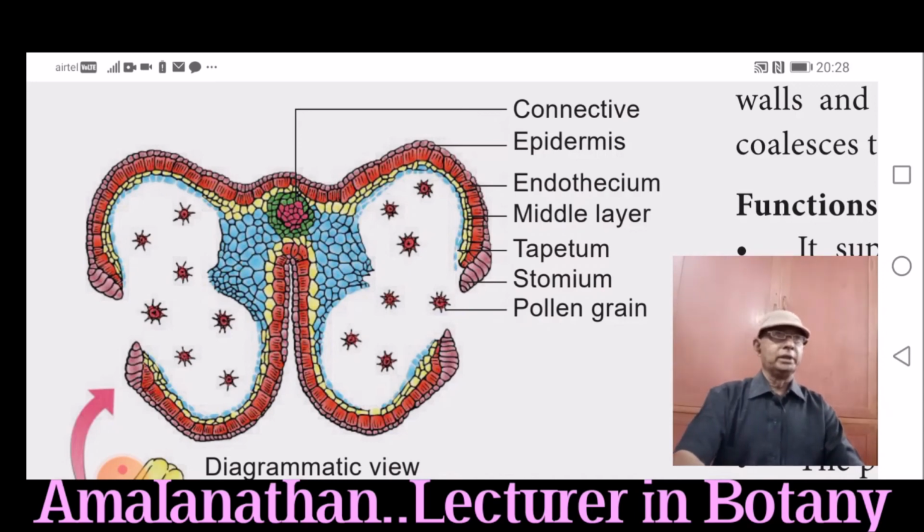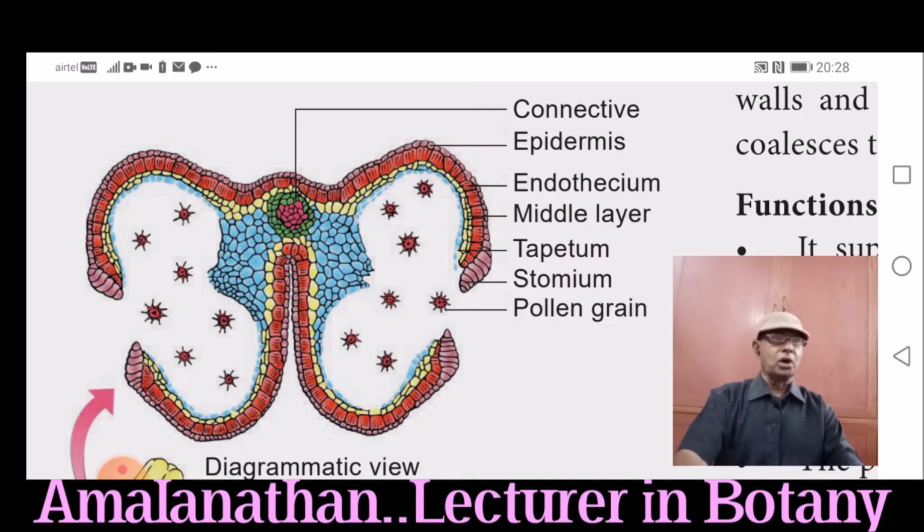The pollen wall material is derived from carotenoids and is resistant to physical and biological decomposition. Now we have to see the pollen kit. Pollen kit means pollen coat, the outer covering of the pollen. Pollen kit is a sticky outer covering of the pollen grains produced by the anther tapetum.